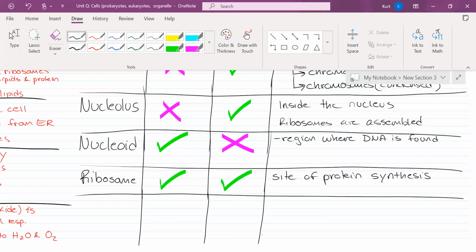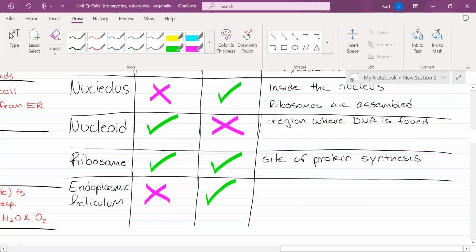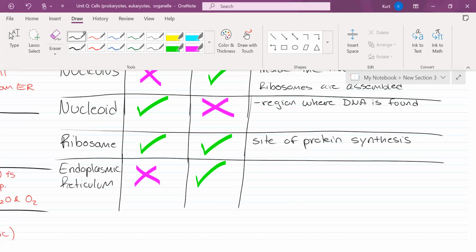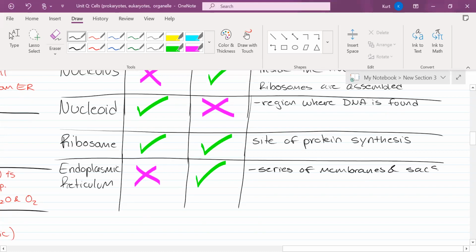Okay, let's keep going. The endoplasmic reticulum. Otis, do prokaryotes have this? No. Emma, do eukaryotes have this? Yes, it is an organelle. So this is an organelle that is a series of membranes and sacs.